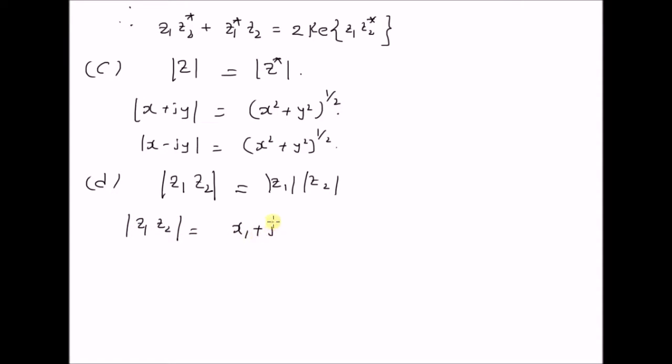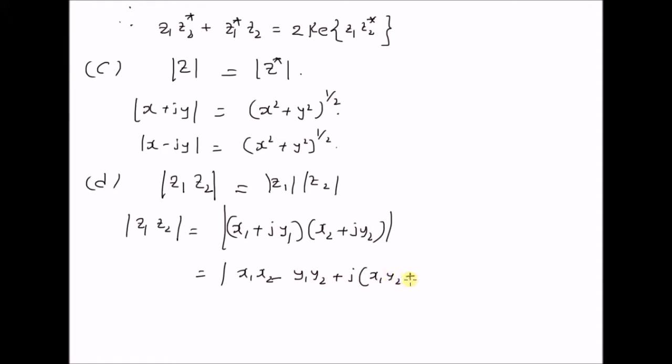Here of course we assume that z1 is equal to x1 plus jy1 and z2 is equal to x2 plus jy2. And then we have the absolute value, and this is equal to x1 into x2 minus y1 into y2 plus j into x1 y2 plus x2 y1.